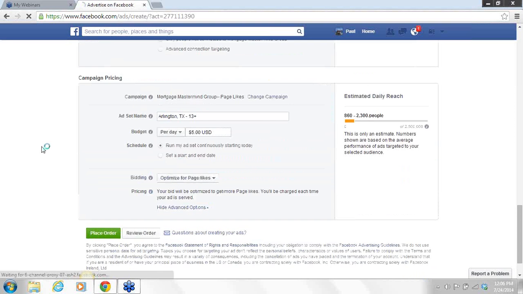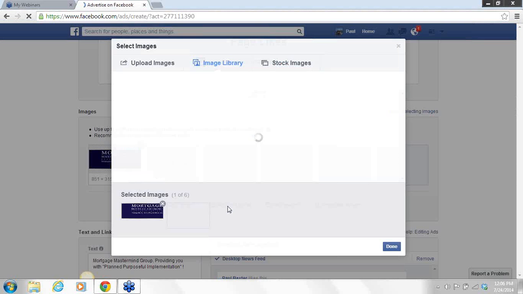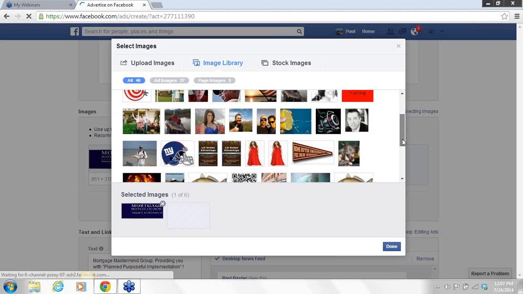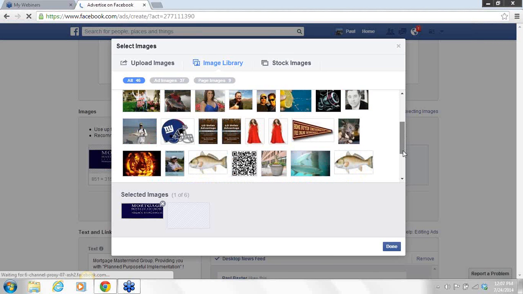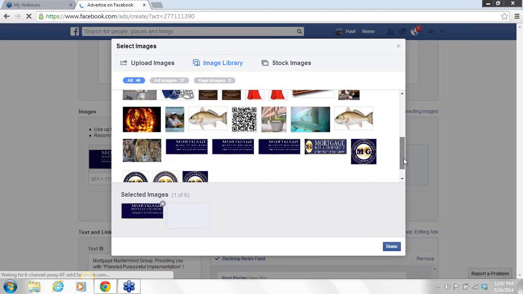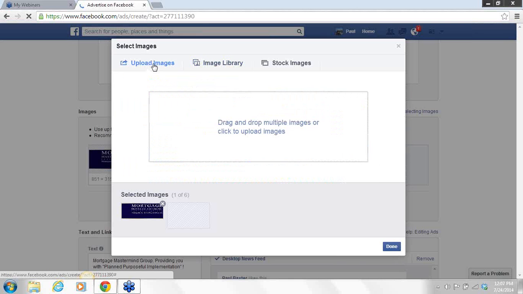Browse library is going to take you into pictures that you've already uploaded, and you can choose from them. You've got all of your stock images that you've used in the past. As you can see, I've got all kinds of stuff here. I've even got old Brian Heckman smiling down on us. So you can choose those. You can upload an image from your computer if you prefer to do it that way, or you can use Facebook's stock images.